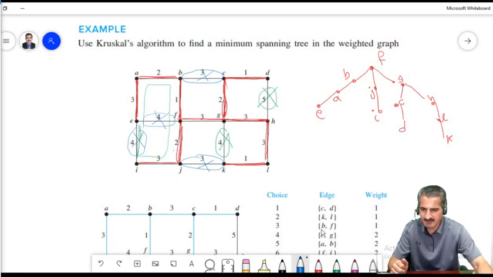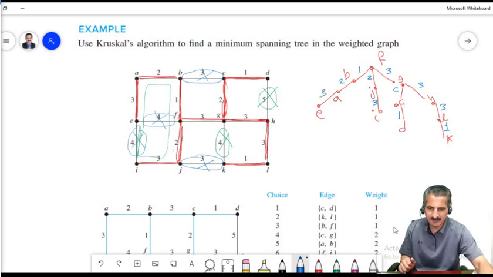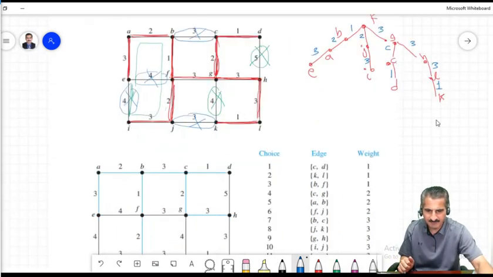Now add the weights of the edges. This is 1, this is 3, this is 3, this is 3, this was 1, and 2, 3. From F to G was 2, F to B 1, 2 and 3. Now if you add the edges, then we get 24.